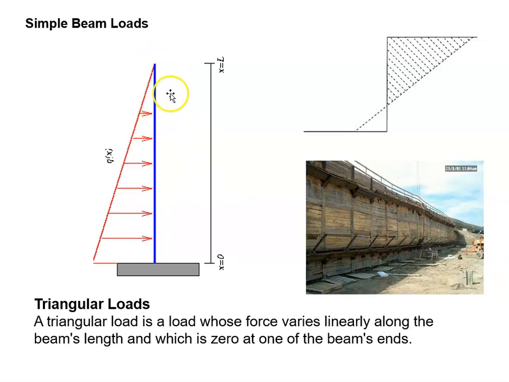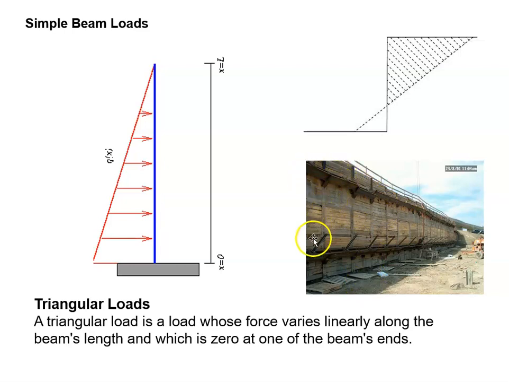Another good classic example of that would be the weight against the foundation wall. So this is just a temporary wall for a construction project, but imagine it's your basement wall or any foundation wall for that matter. It's the same situation. So the loading is at 0 up here at the grass where we're standing. So if on the other side of this, let's pretend this is all weighted behind it with earth, then it's 0 at the top.